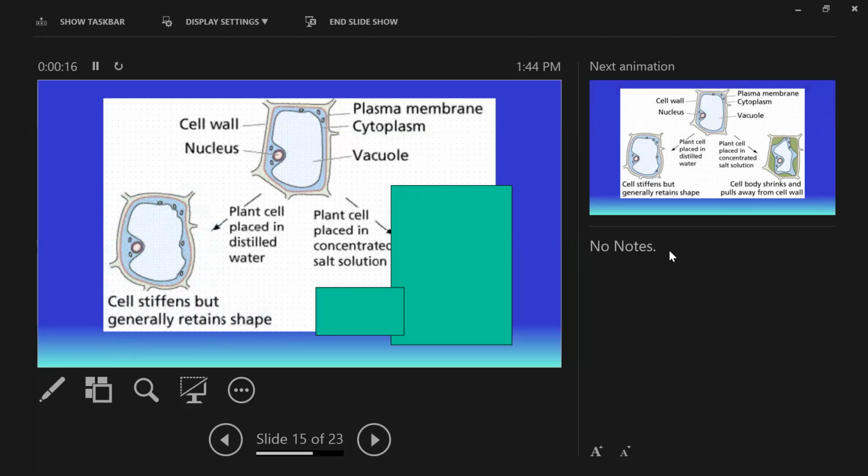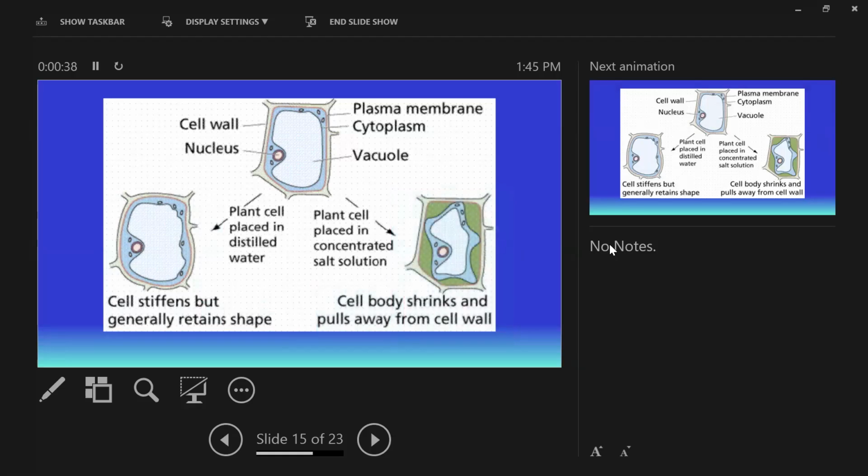When it's placed in a hypotonic solution, water wants to go to where it's more concentrated, so it's going to go into the cell. If this was an animal cell, it bursts. But since we're looking at plant cells, it just pushes the cell membrane up against the cell wall, and it stiffens and keeps its shape.